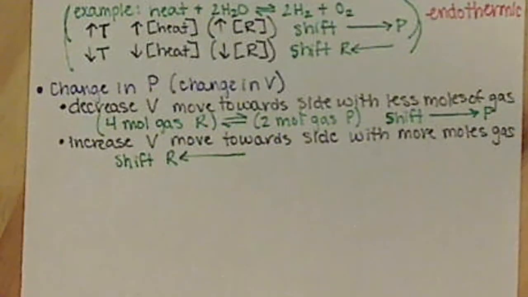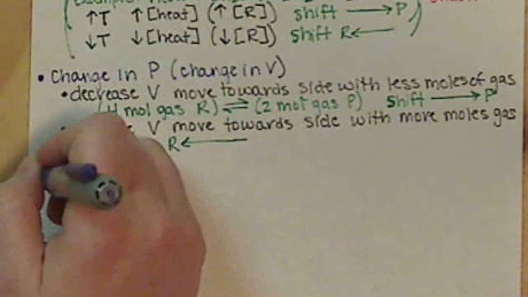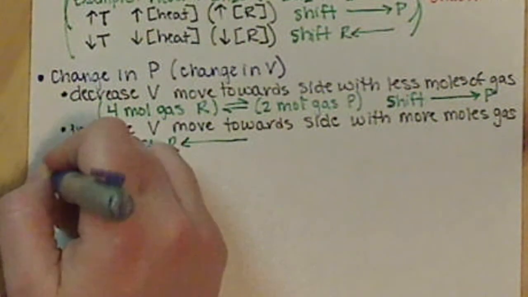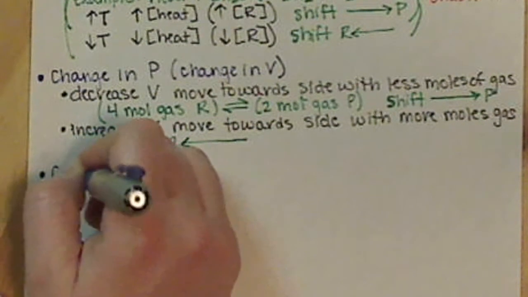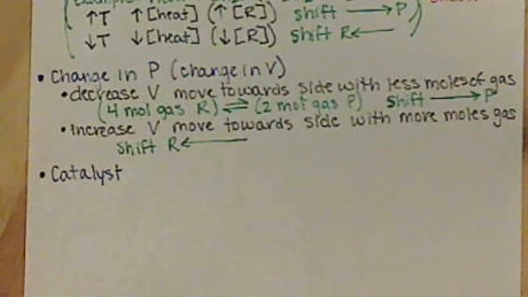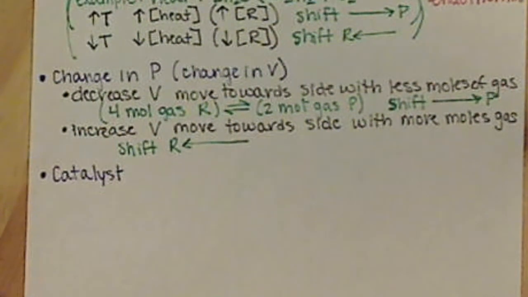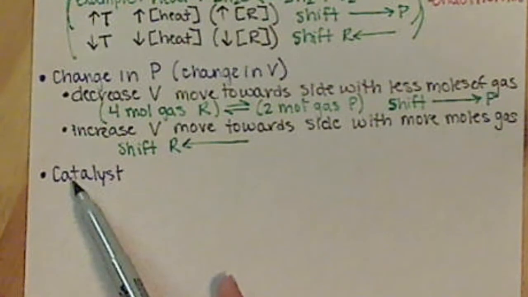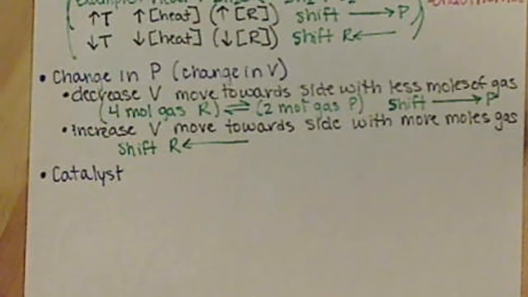All right. Our last stress that we add to it is whether or not we introduce a catalyst. So we talked about catalysts in that TED video. And what we're actually going to find out is that a catalyst has no effect on the equilibrium.